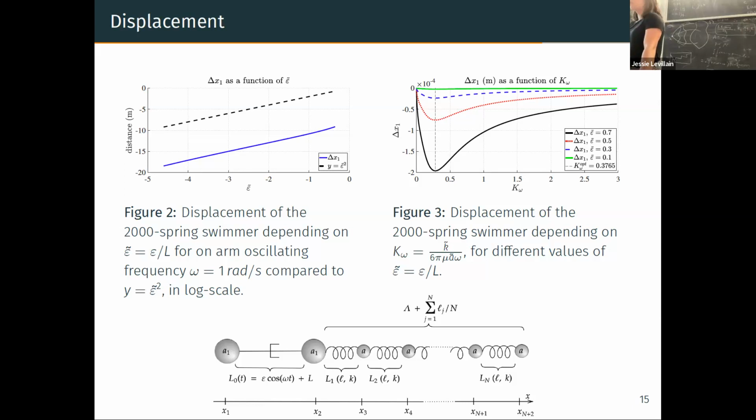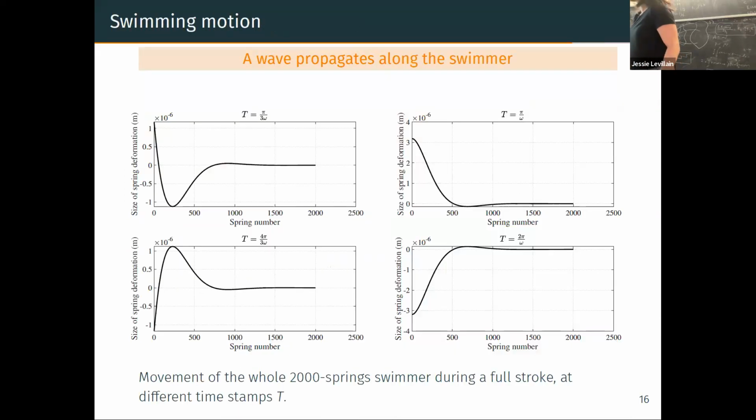This one is a graph of something that is happening in 1D, but the graph is in 2D.